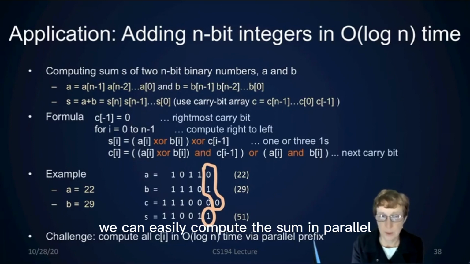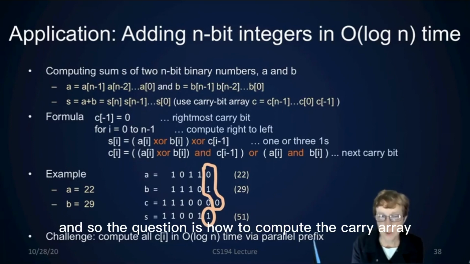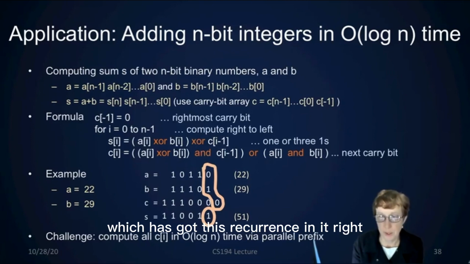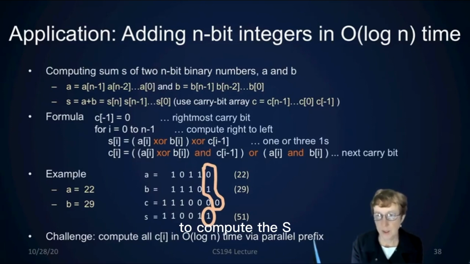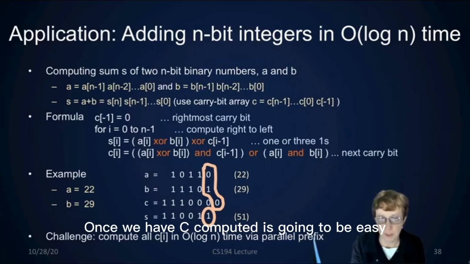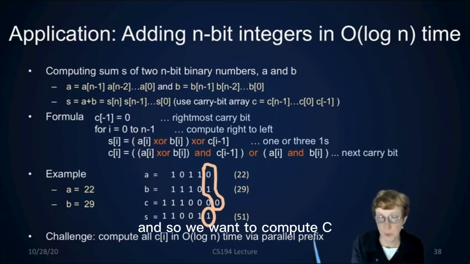And so the question is how to compute the carry array, which has this recurrence in it, right? It's got C of I equal to some other stuff with a C of I minus 1 in it. So that's the only tricky part to compute. The S, once we have C computed, is going to be easy. And so we want to compute C in logarithmic time, log n.